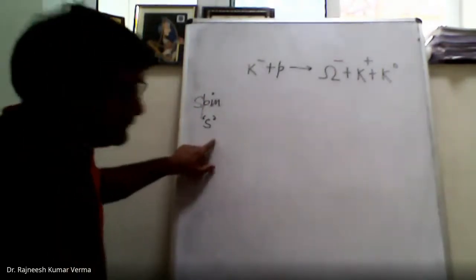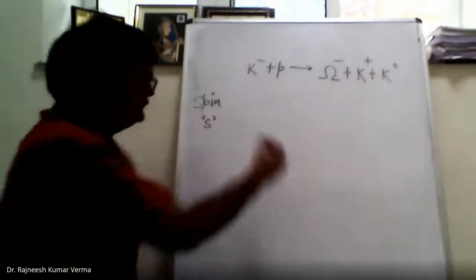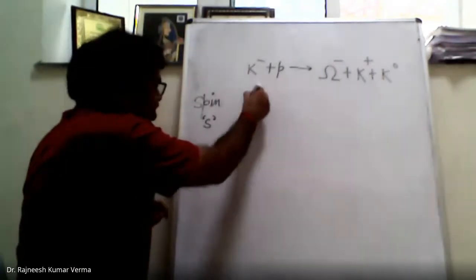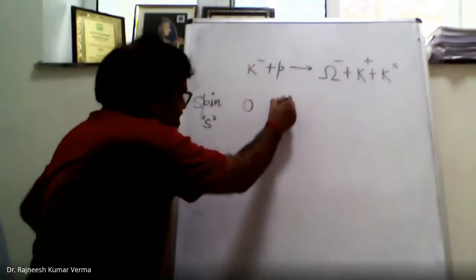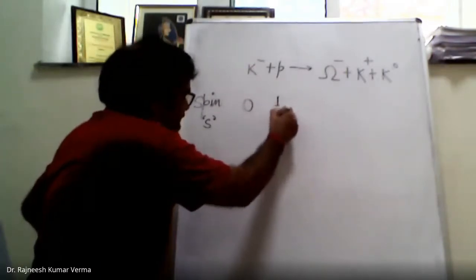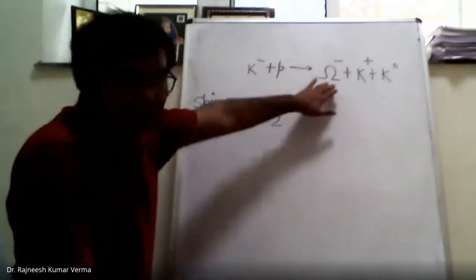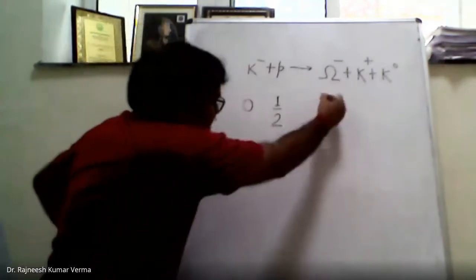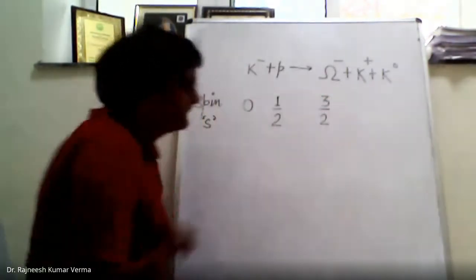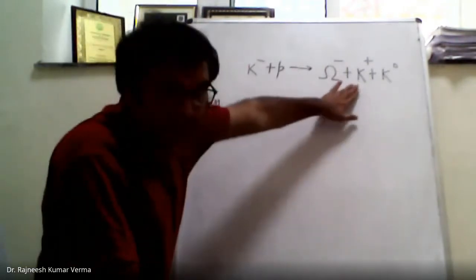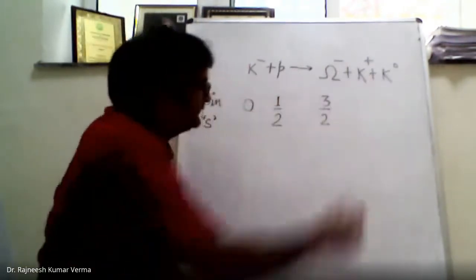Spin S. Spin of the kaon is 0. Spin of the proton is 1/2. Spin of omega minus is 3/2. And the spin of K plus and K naught is 0.